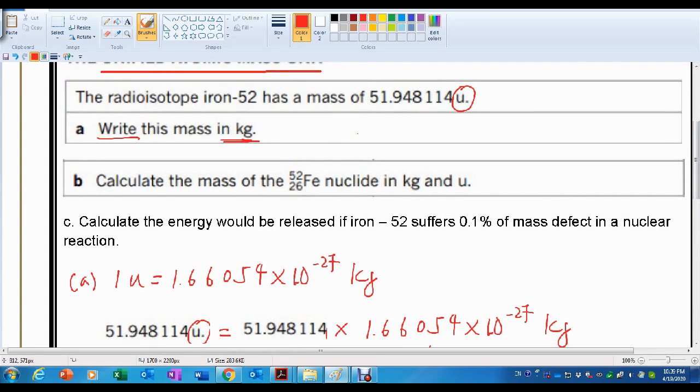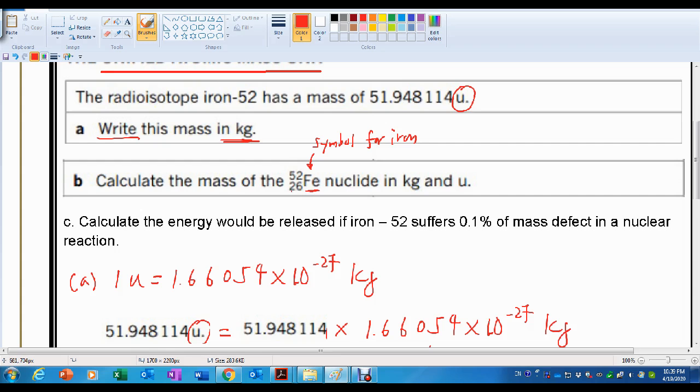So some confusion might be here. It's about Fe. What do we mean by Fe? If you are good at chemistry and still remember, Fe is the atomic symbol for iron. So actually they are talking about the same radioisotope, but they use another symbol, Fe. So Fe-52, 26.